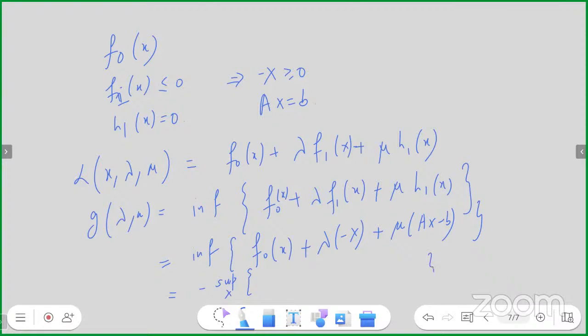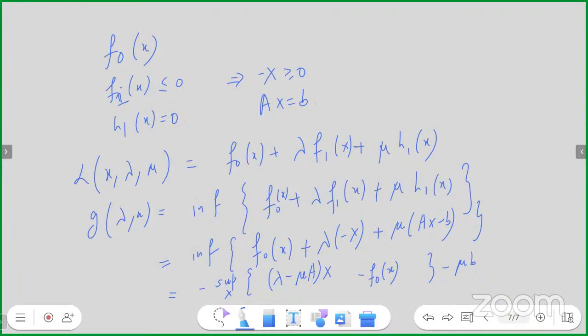So I will not even worry about it. Now f0 appears with a minus. Right? What else remains as a function of x? Lambda minus mu a. Okay, so it's already there.